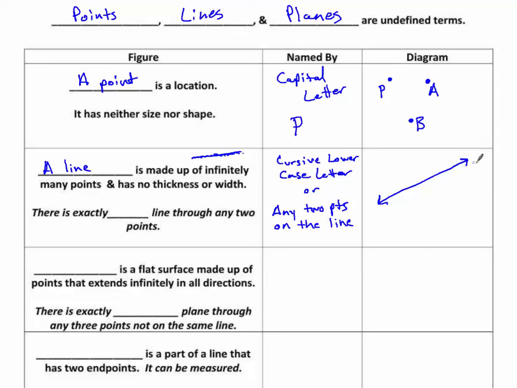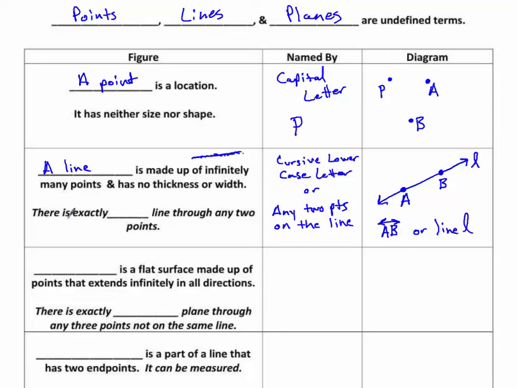And this could be line L, lowercase cursive L. Or we could have 2 points on here. This could be A, this could be B. We could say that this is line AB, and we just have to put a little line symbol on the top of it to let everybody know that we meant line AB. Or we could call this line L. Either way, we know that that's the line we're talking about.